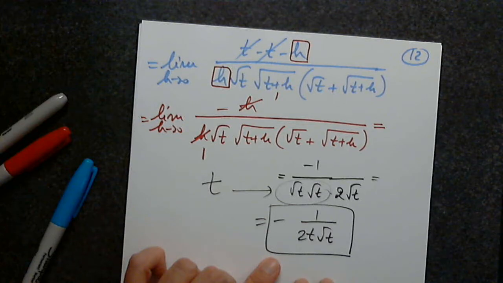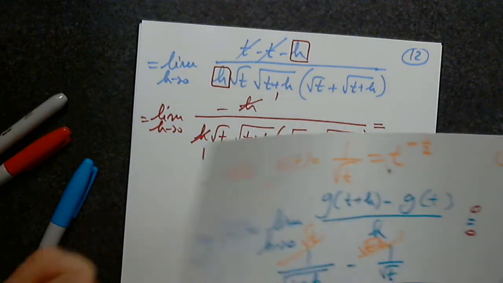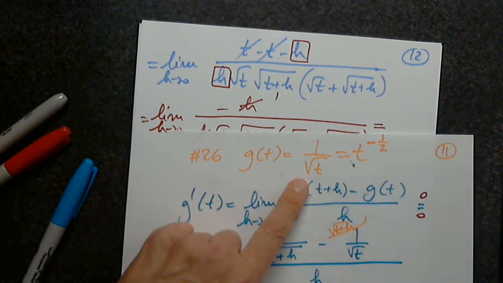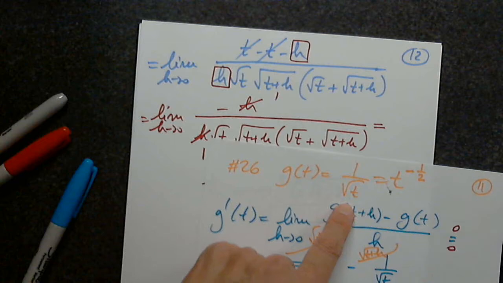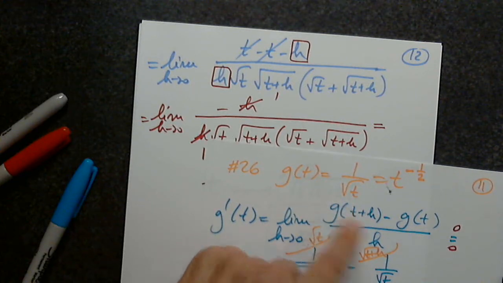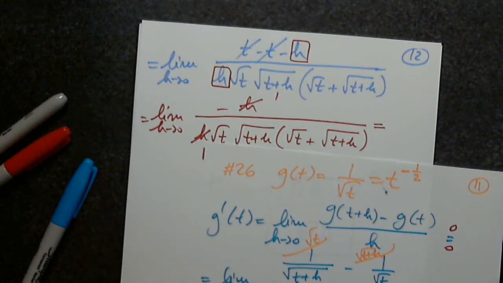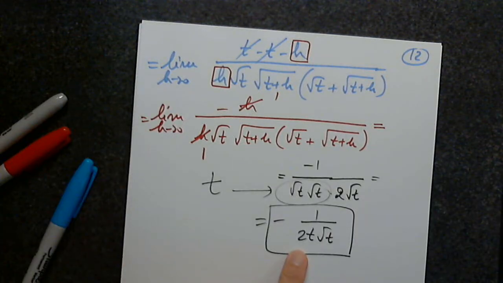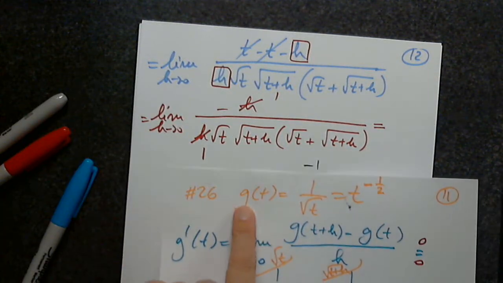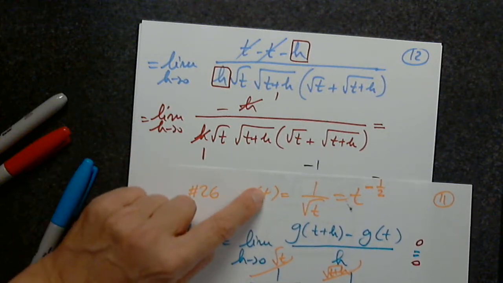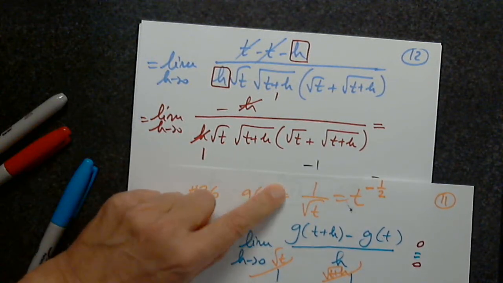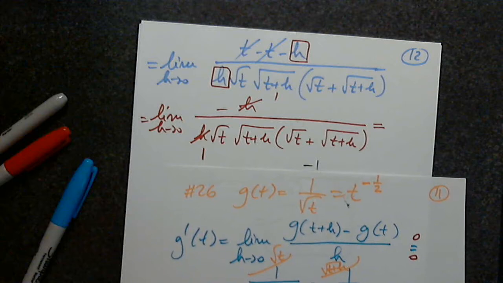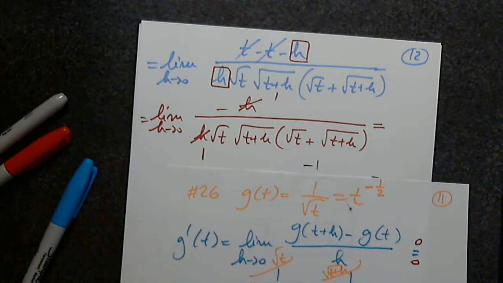The function that gives the rate of change of the original function at any point where this function is differentiable. So this is the function that gives the rate of change of this function at any point t where this function has a derivative. Questions?